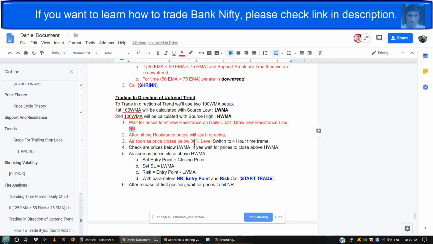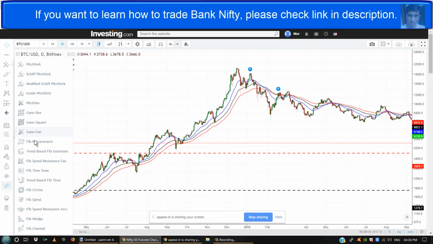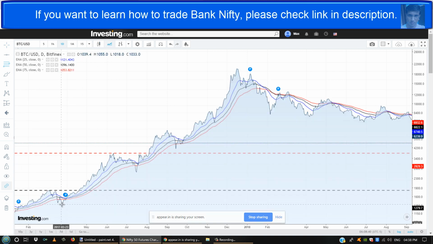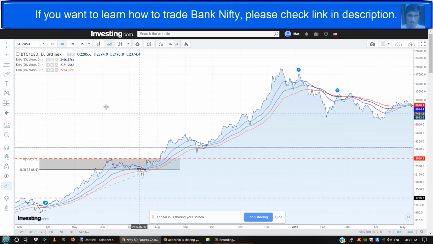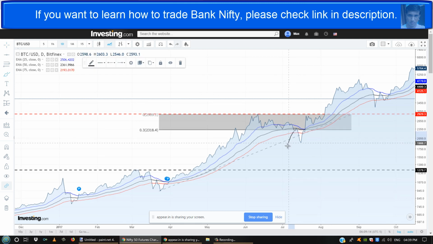As soon as prices close below the 30% level, switch to the 4-hour time frame, right? So here I will see the Fibonacci retracement levels. We will draw it close to close. See, here prices closed below the 30% level, right? Let me mark it.